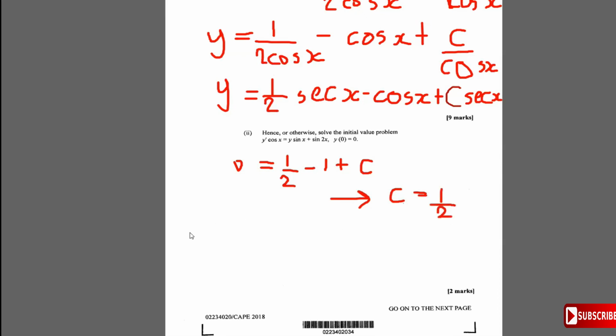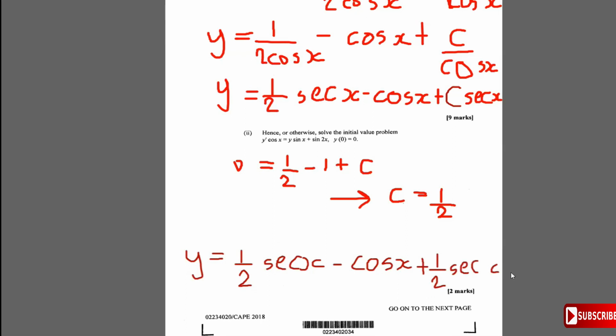So the solution to the initial problem then is y equals a half sec x minus cosine x plus c sec x, and c is a half, plus a half sec x. This is how we do this question. Nice and easy, soft.